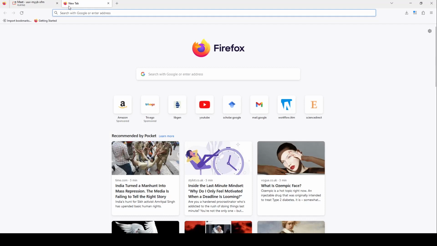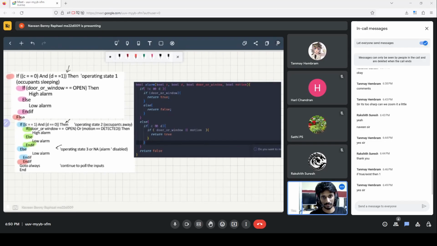Give me a second. Yeah, I don't have any immediate material to learn PIC, but the slides had all the equations and all those.